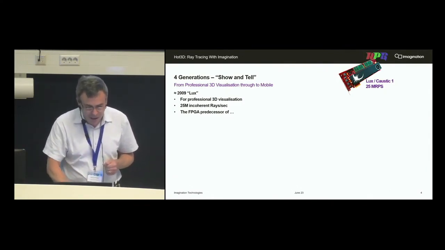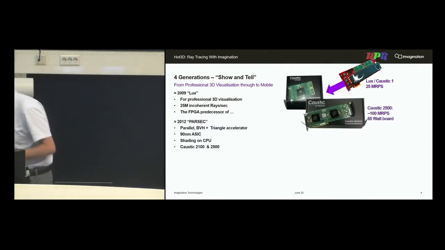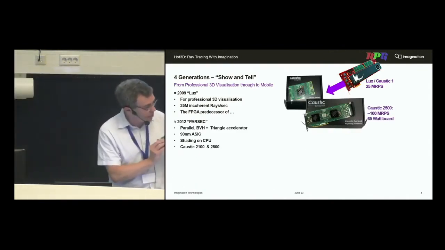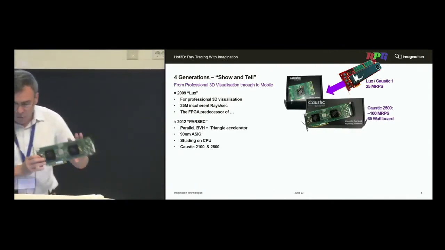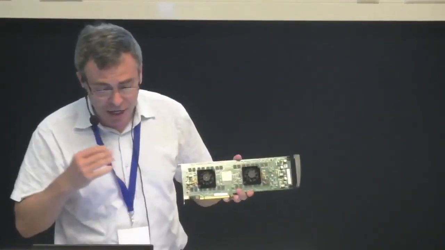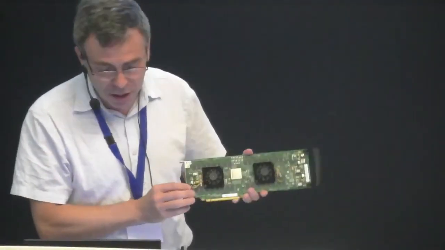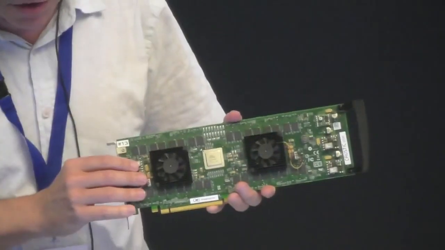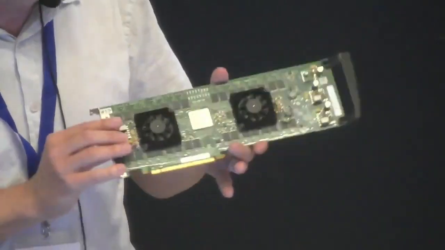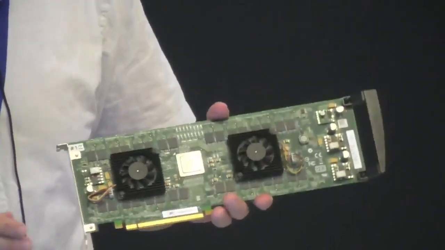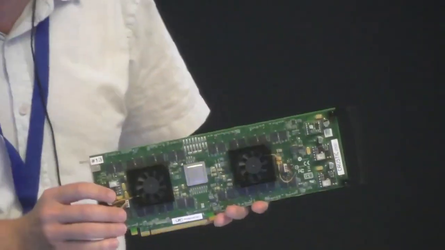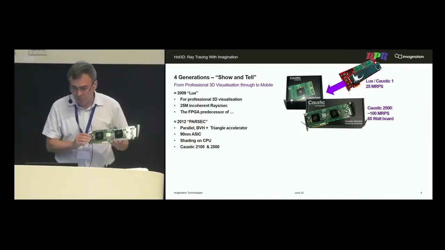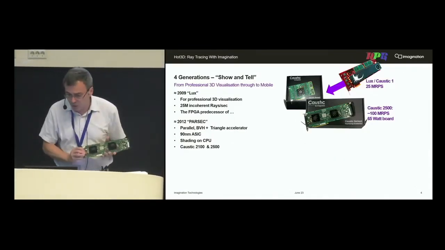And that was basically the FPGA predecessor of Parsec, basically one of these things, which was a parallel BVH and triangle accelerator using a 90 nanometer ASIC, so not super sophisticated at the time, and it did the shading on the CPU. So there were two products, Caustic 2100 and 2500. So this basically handled around about 100 million rays per second on a 65-watt board.